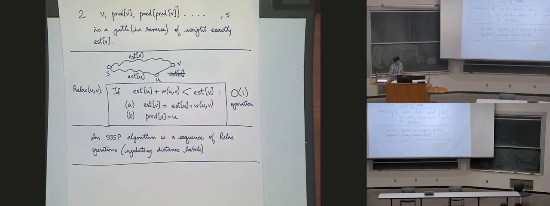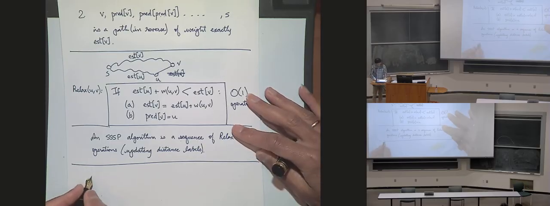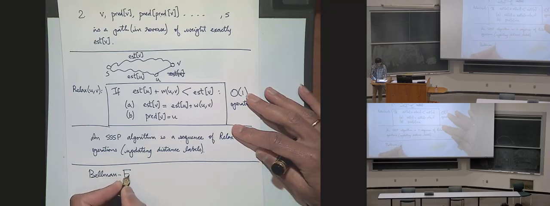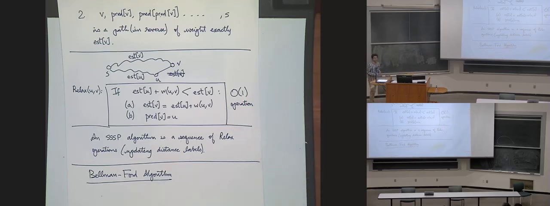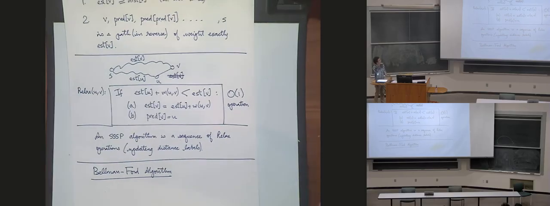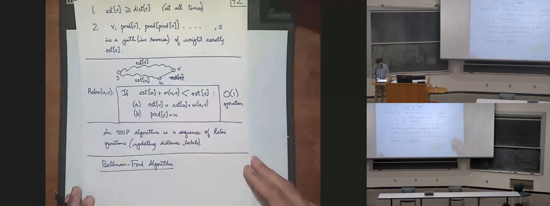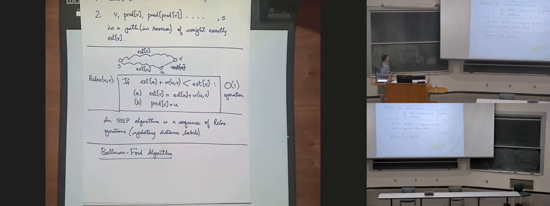Okay. So let's start with the Bellman-Ford algorithm, which once you set it up is a surprisingly simple algorithm. Bellman-Ford can do a lot, but let's first discuss the algorithm.